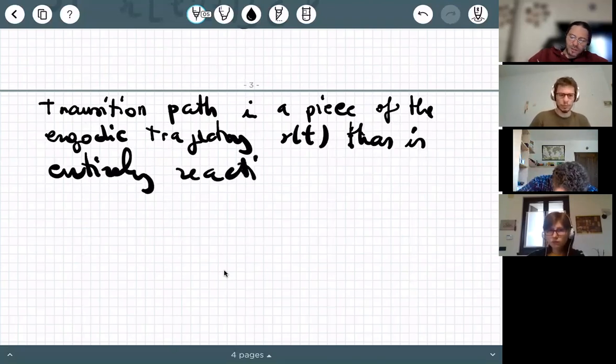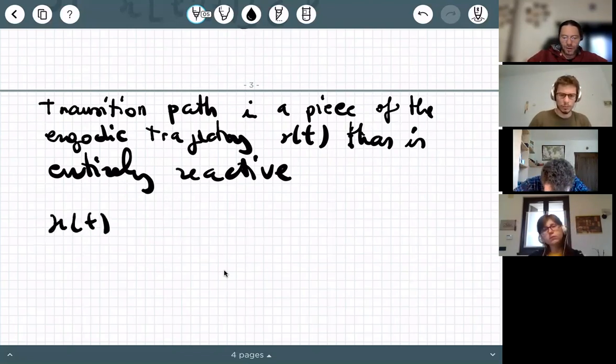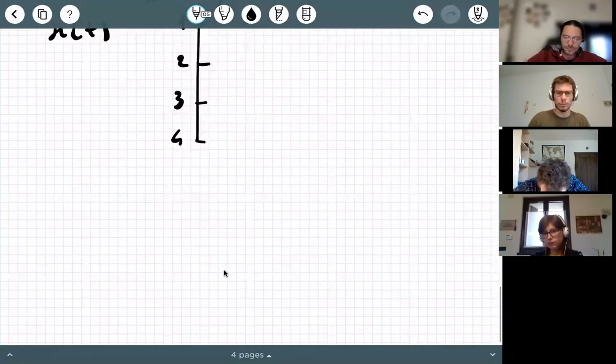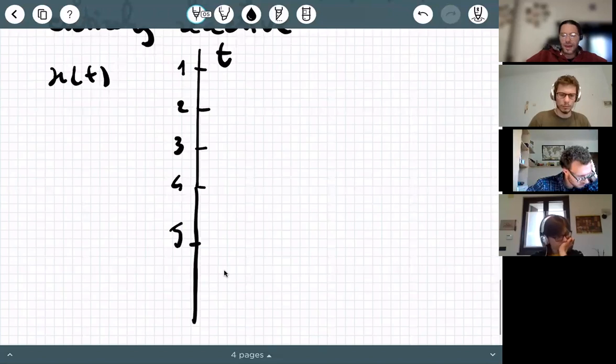So let me not put that too much into mathematical meaning. I could define a definition that mathematicians would like, right? But basically, let me say I have my time series of x of t. So I have t equals, say, 1, 2, 3, 4 seconds, right? And then based on the previous definition, for any point in this line, I can say if I'm reactive or not.